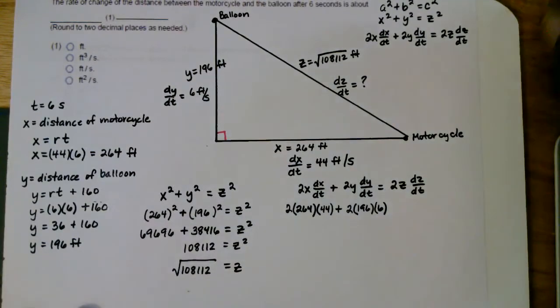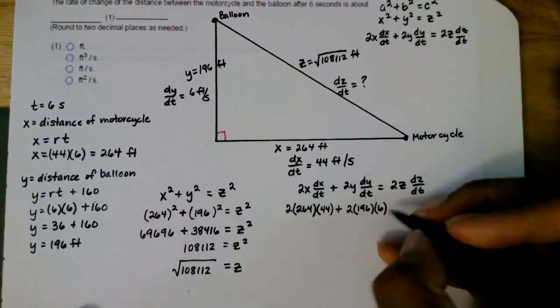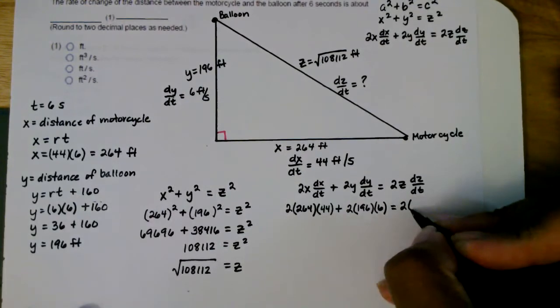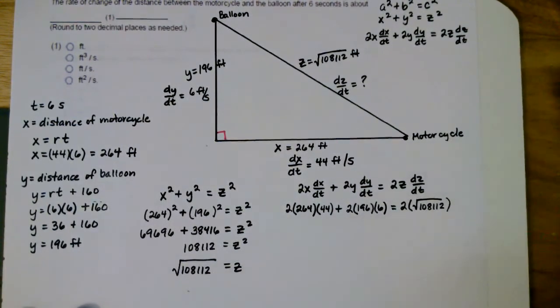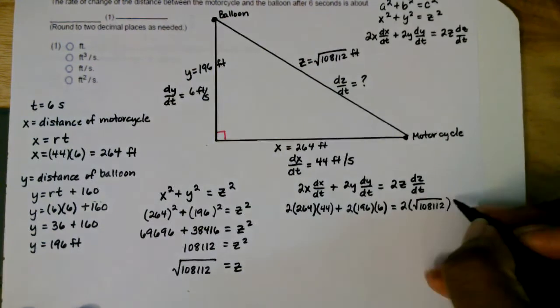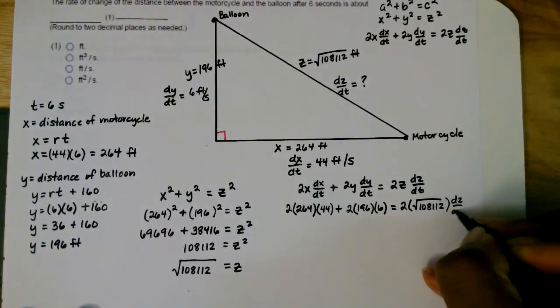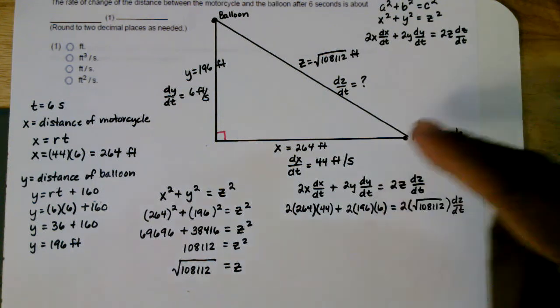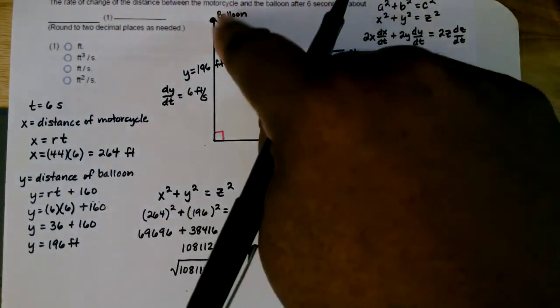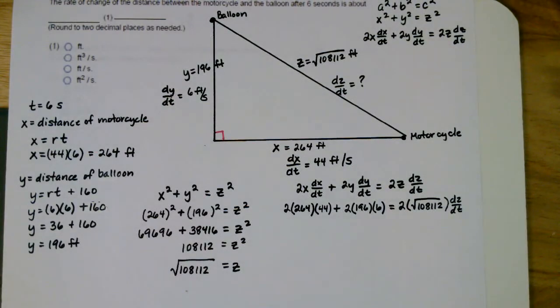I'll just substitute that with 6, equaling 2z. 2 times z was the square root of 108,112. And dz dt is what we're finding here. Because we're told to find the rate of change of the distance between the motorcycle and the balloon 6 seconds later.